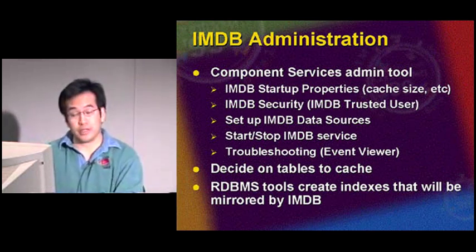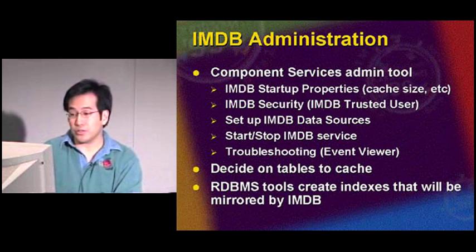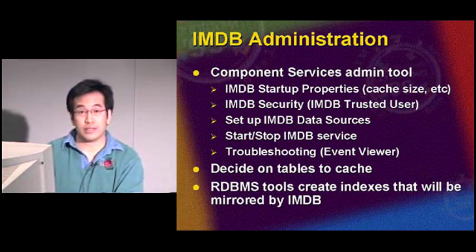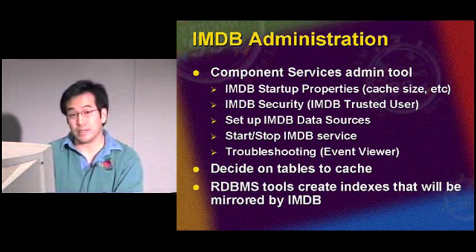IMDb security is also administered mainly from the Component Services admin tool. The IMDb trusted user role, which we'll talk about in a few slides, is used to control which accounts have access to IMDb cached data.